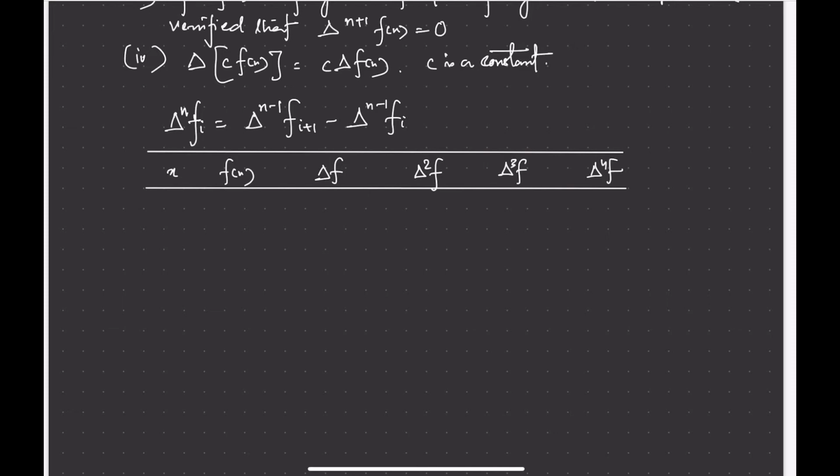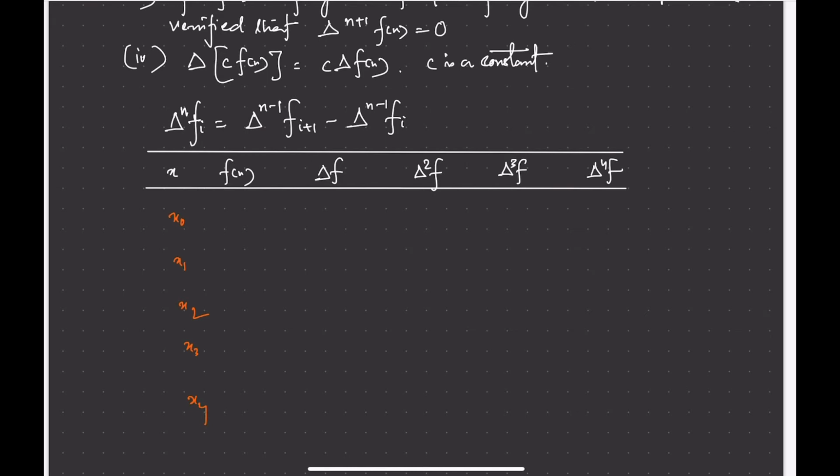Okay, now you can see, suppose here this is the x naught value, and this is x1, x2, x3 and x4.